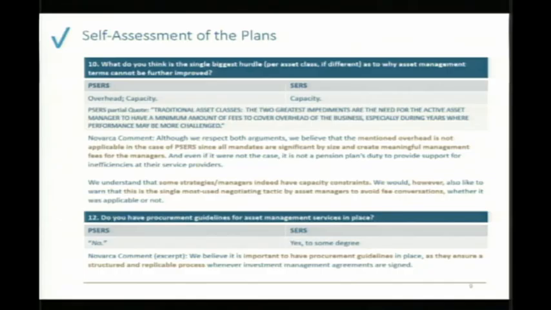We understand that some strategies are indeed capacity constrained, but we would also like to warn that capacity constraint is the single most used argument from asset managers not to enter into fee negotiations. Whenever we represent clients with smaller assets, we typically hear the asset managers tell us, well, if you bring more assets, we can give you better terms.